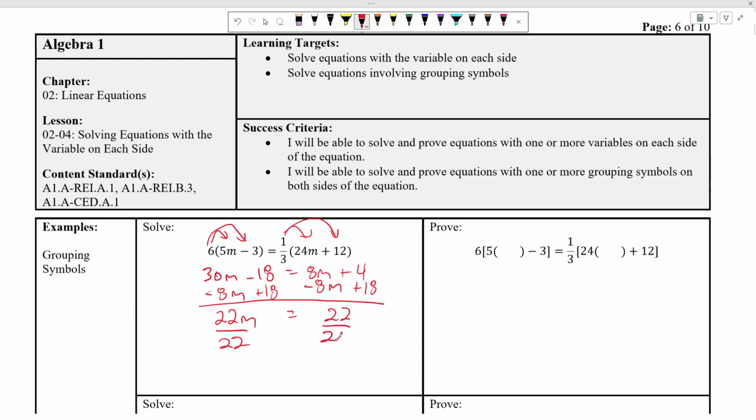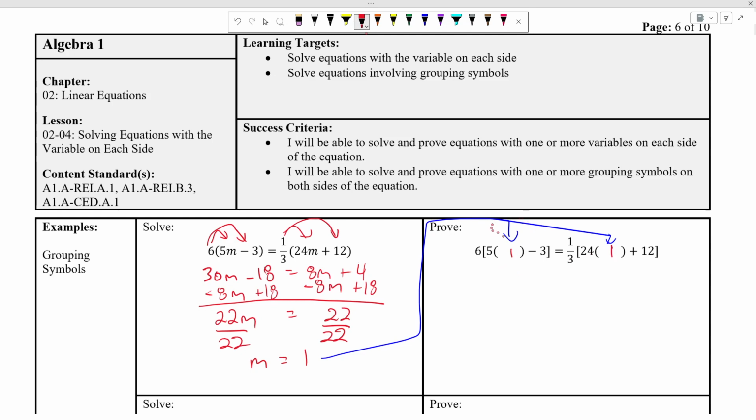I'm going to inverse the multiplication of 22 by dividing it by 22. m now equals simply just 1. Interesting. Okay. Prove to me it's 1, you say. Prove I shall. So, 1 goes there. All right.